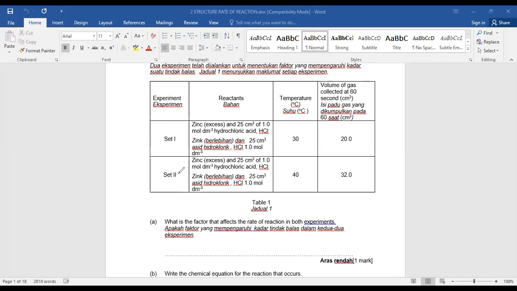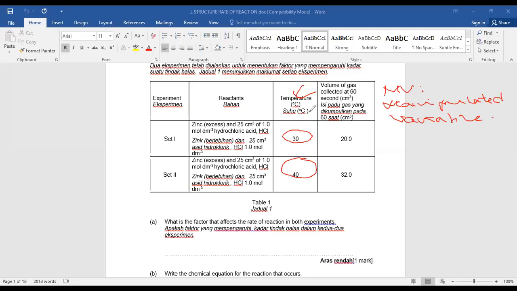MV means the manipulated variable. Temperature. Okay. Yes, it is the temperature here. One is at 30, another one at 40. Therefore, the temperature is the one to affect the rate of reaction.